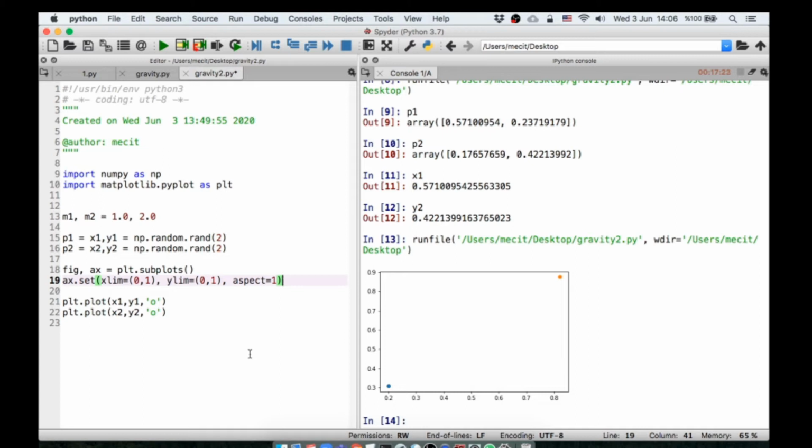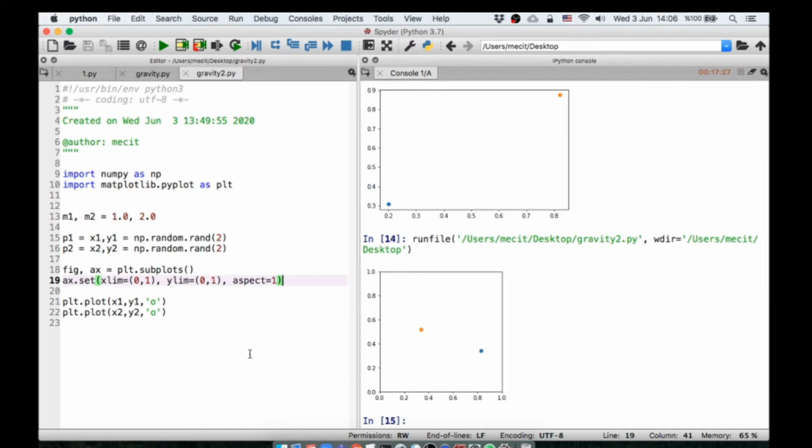Okay, this is going to set the limits and set the aspect to 1. Let us see the same again. Okay, nice. Now I have my axes, beautiful, with the same aspect ratio, and the limits I can see from 0 to 1.